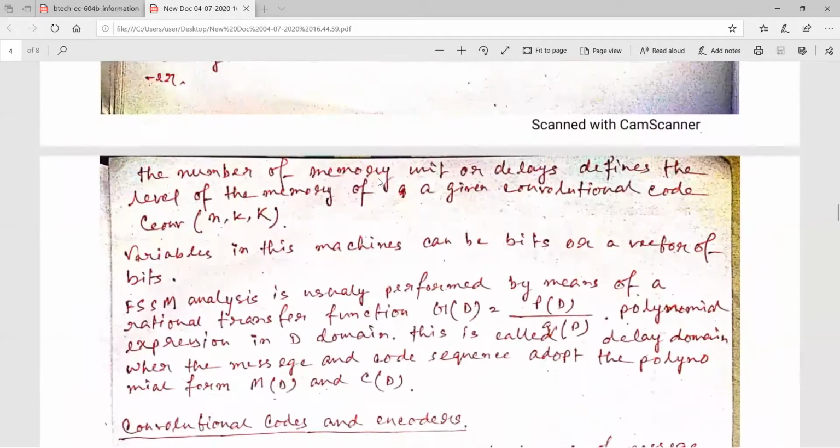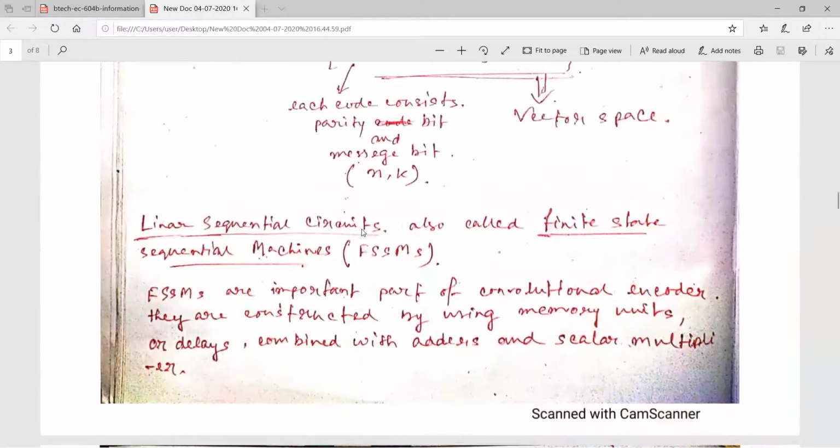So this is (n, k, K), where k is the message bit representation and n is the total code bit representation. And this is the FSSM, that means the finite state sequential machine, which is basically used in the encoder for controlling the timing diagram of the input bit sequence.